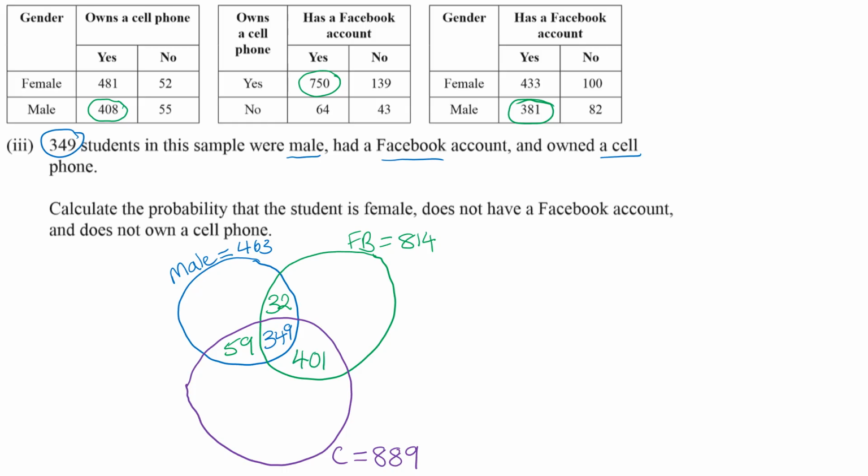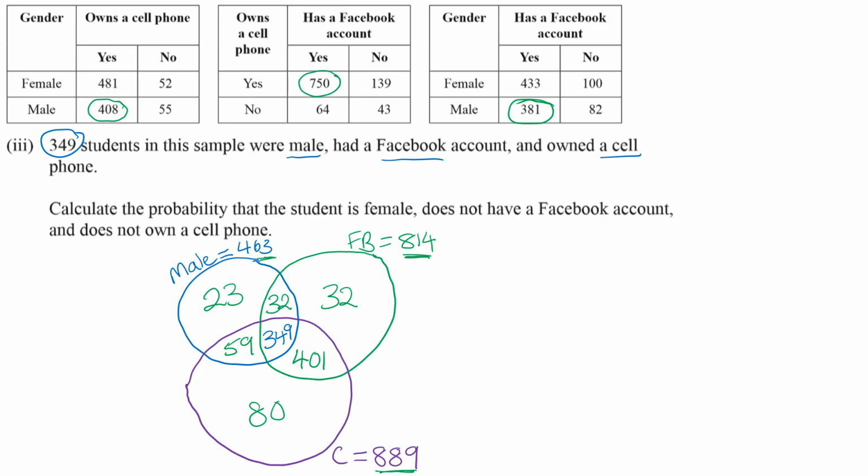So then all that's left to do to fill in the rest is take these totals that we know each circle has to add up so that we can work out the bits that go in the gaps. So we get 23 males that don't have Facebook or cell phone. We get 32 people that only have Facebook, they're not male and they don't have a cell phone. And then we get 80 that only have a cell phone, they're not male and they are not on Facebook.